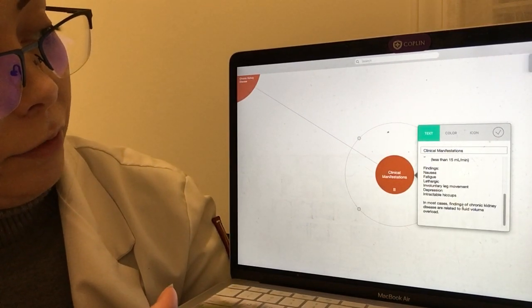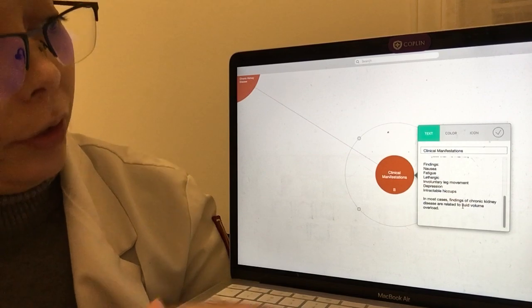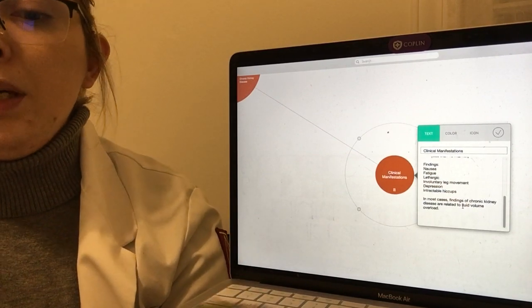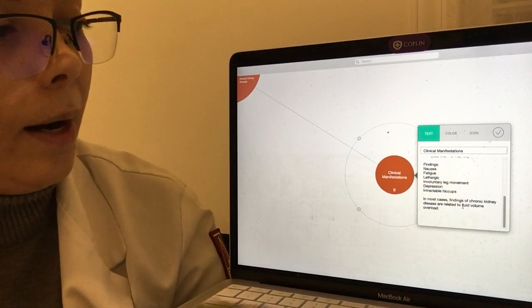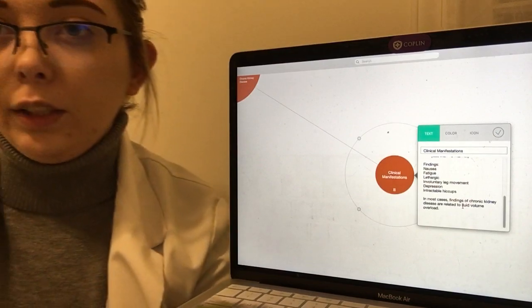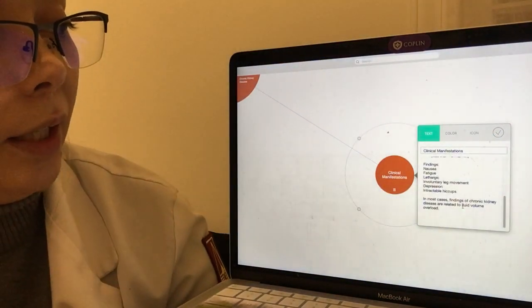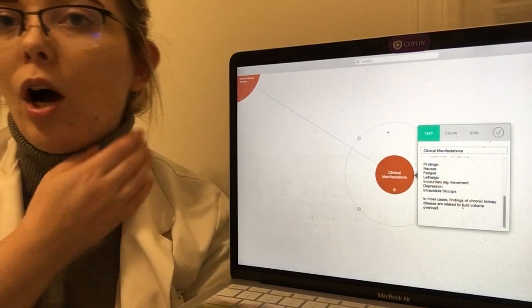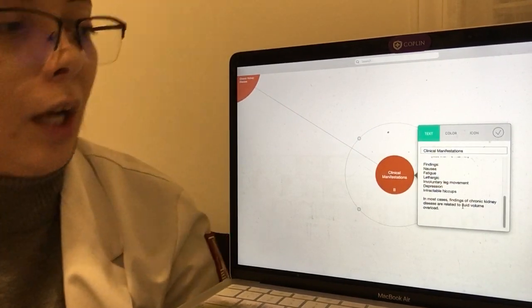Some other manifestations that you might see include nausea, fatigue, being lethargic, some depression, involuntary leg movements are common. Intractable hiccups, not as common, but it is a complaint that some patients come in with.